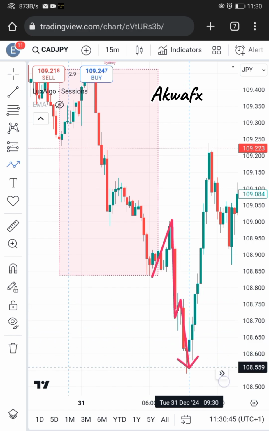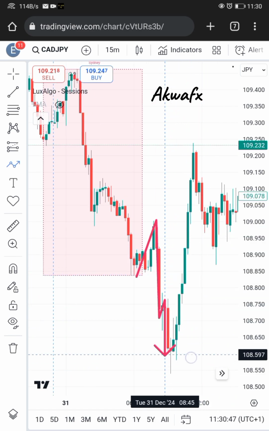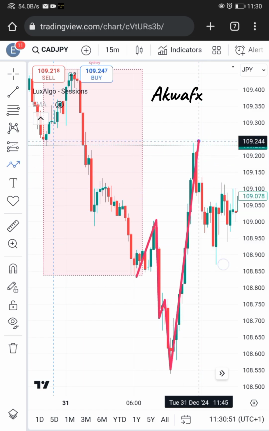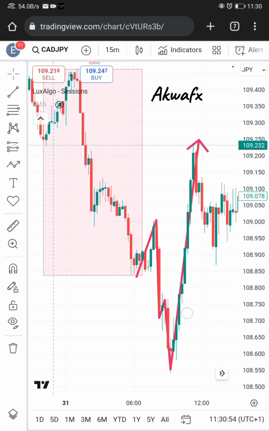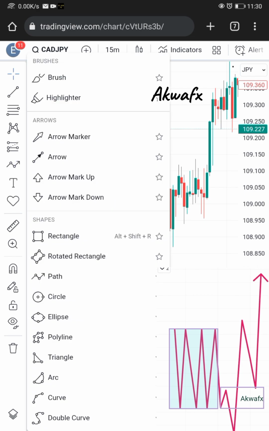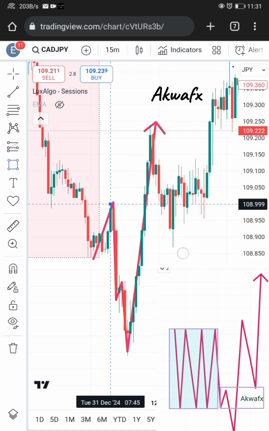Then we've seen it come back and take out liquidity to the upside, which shows you that the market has broken structure to the upside, which left us with this.